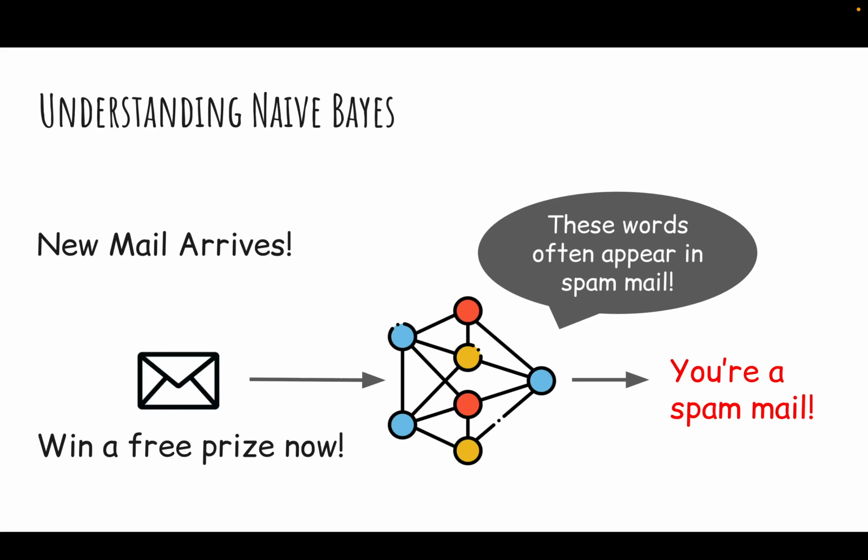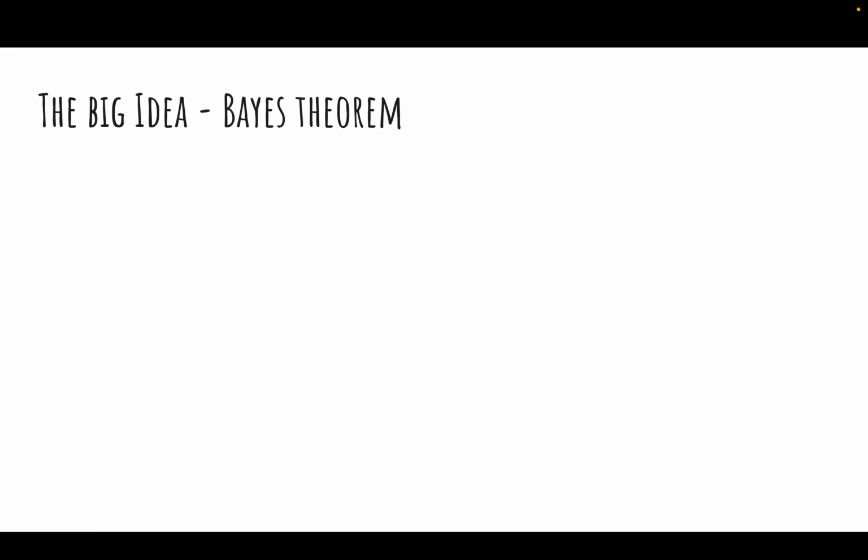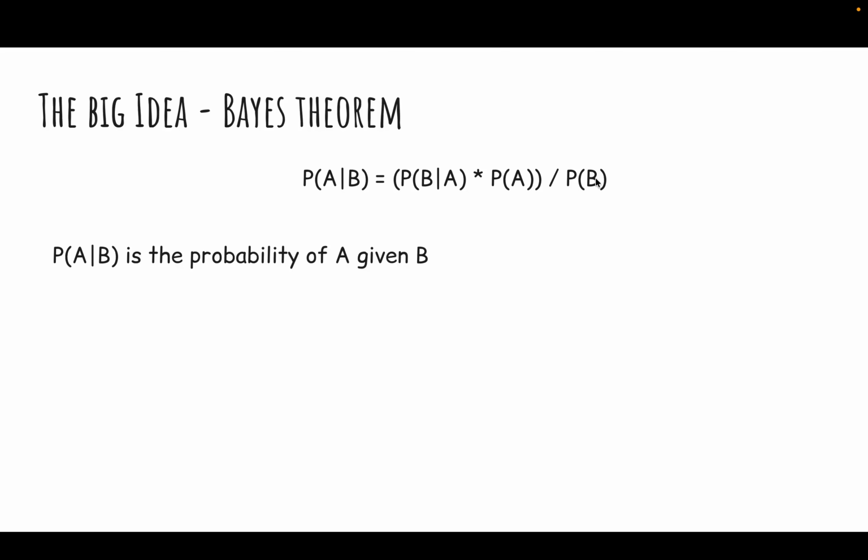Now let's understand the big idea behind Naive Bayes, which is Bayes theorem. We know the formula for Bayes theorem is P of A given B is equal to P of B given A into P of A divided by P of B. Now let's understand each component. P of A given B is the probability of A given B is present.